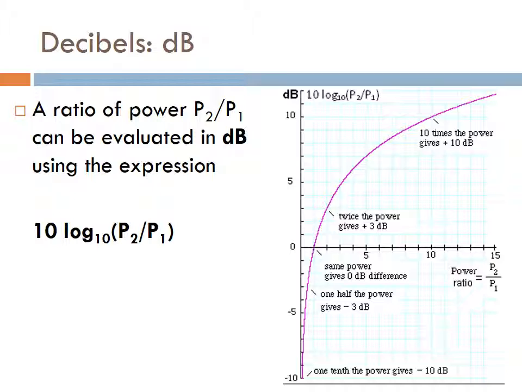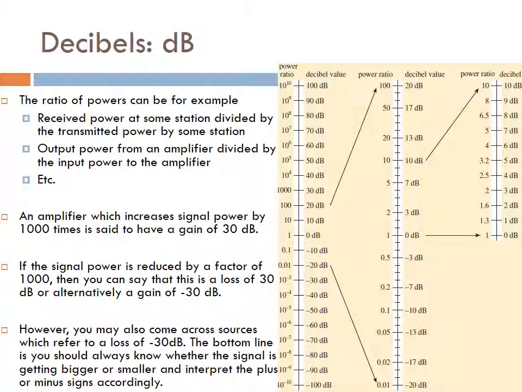This means we have amplification and so on. The ratio of powers can be, for example, the received power at some station divided by the power transmitted by some station, or the output power from an amplifier divided by the input power to the amplifier, etc.